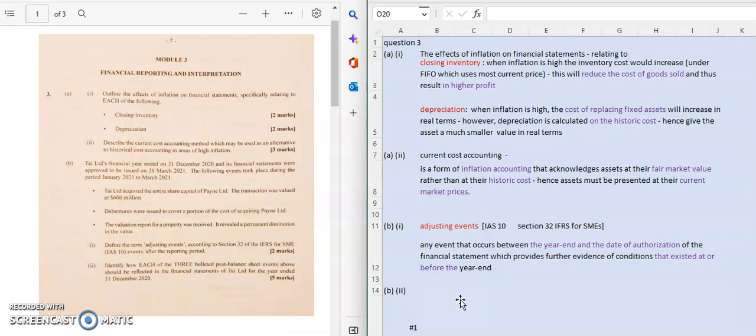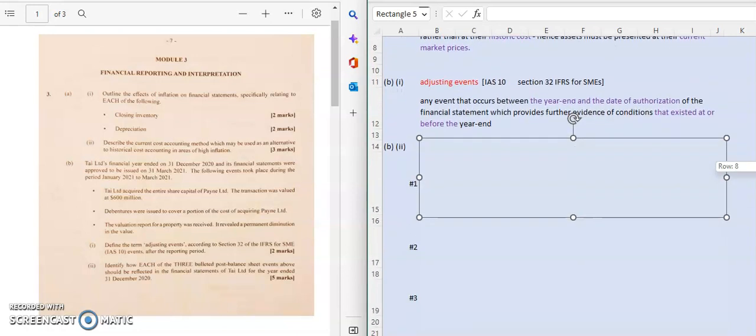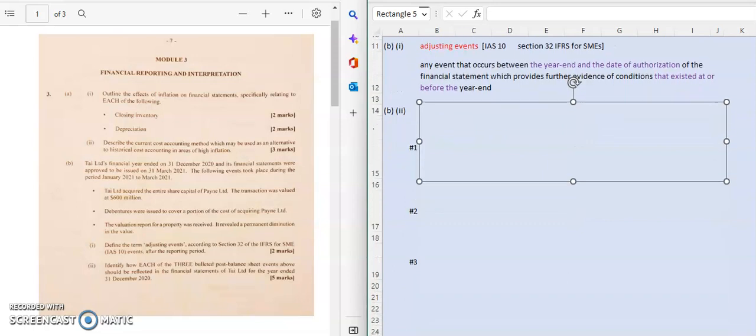So let's come down to part B of the question. So part B says, okay, we'll look at those three scenarios and tell us whether or not they're going to affect the financial statements. In other words, how would they be reflected? All right, so the first one says that you bought some share capital, right? And it was worth 600 million.